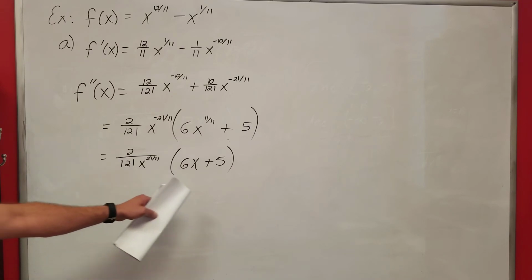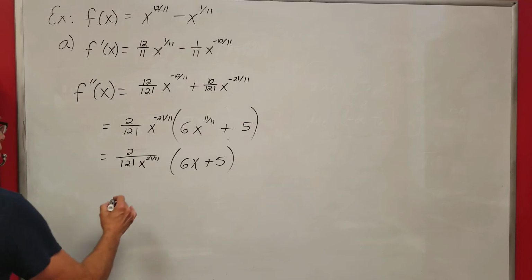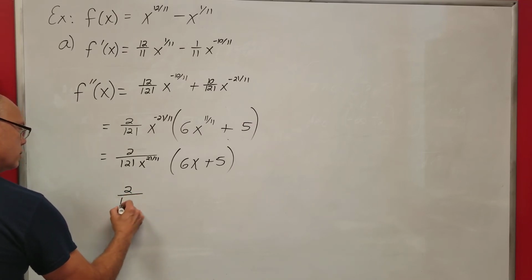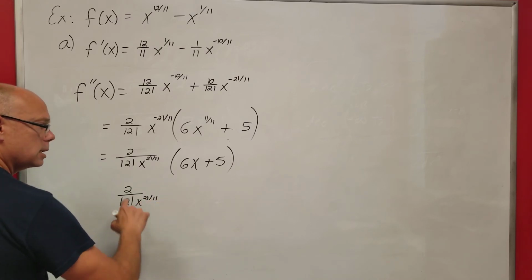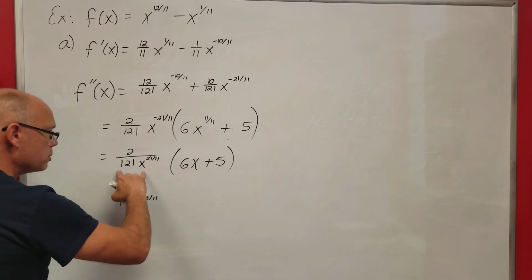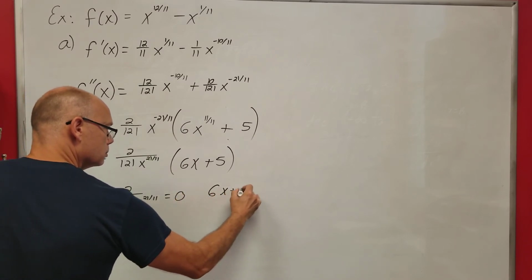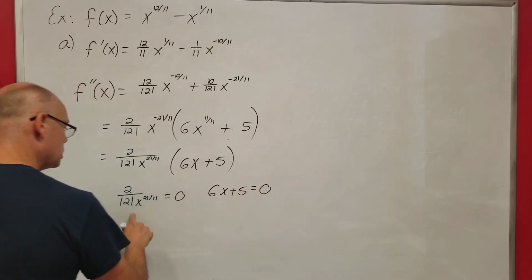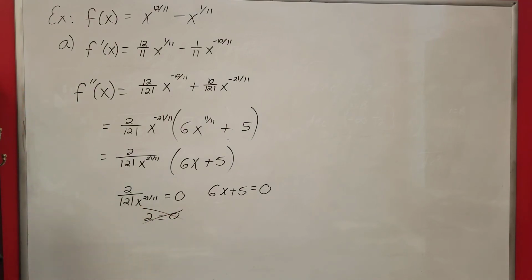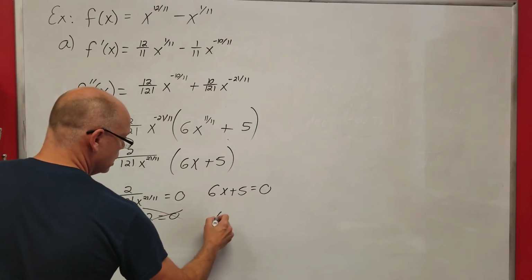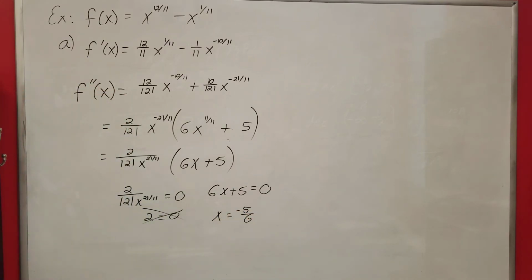Now let's find where my second derivative is equal to 0 and where it's undefined. I'll set each one of these factors equal to 0. This one gives me 2 equals 0, which doesn't make sense. This one gives me x equals negative 5 over 6.